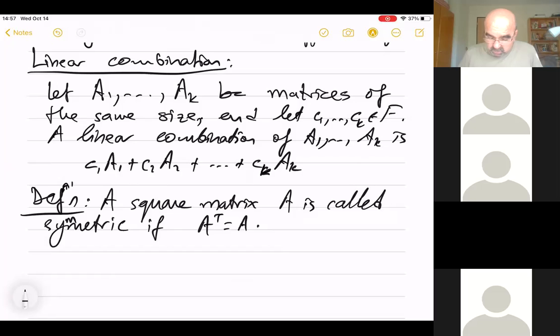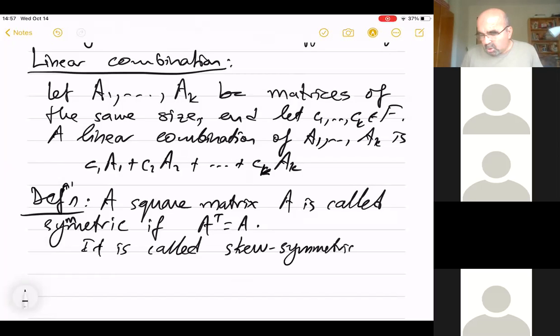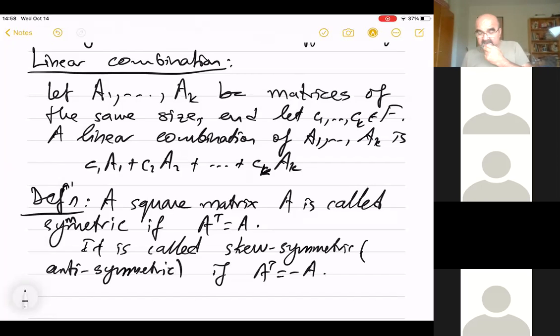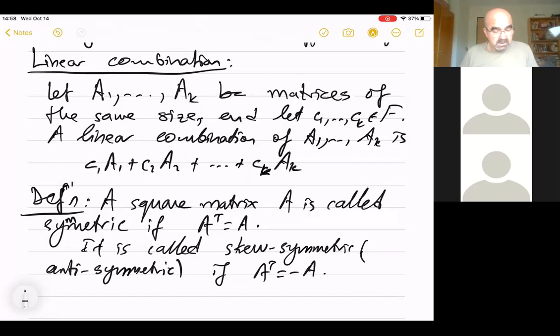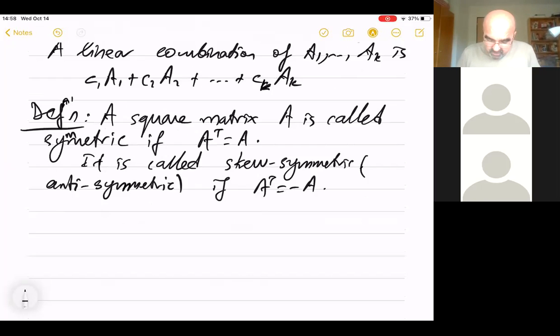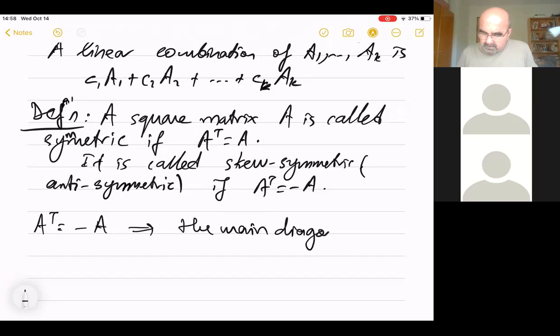It is called skew symmetric, or sometimes anti-symmetric, it's the same thing, if its transpose is equal to minus A. And you can check that if A transpose is minus A, then the main diagonal is 0. So every entry is 0 along the main diagonal.